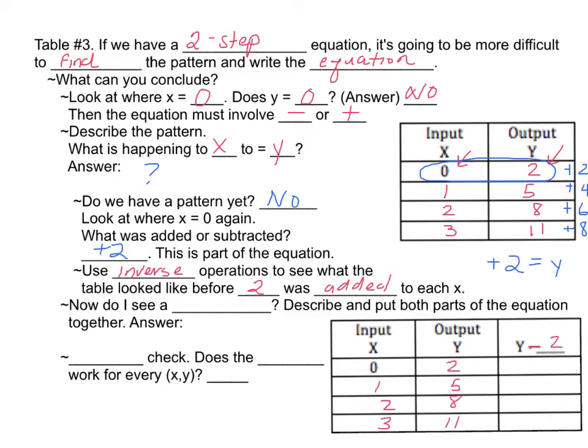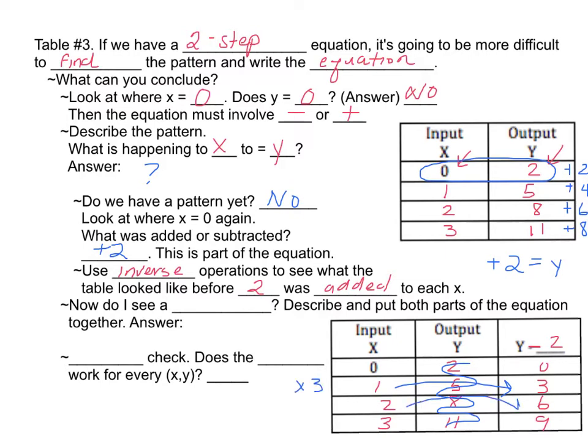So I'm going to look at the y values. 2 minus 2 gives me 0. 5 minus 2 gives me 3. 8 minus 2 is 6. And 11 minus 2 is 9. Now I can kind of ignore that middle column and just say, okay, to make 1 equal 3, that would be multiplying by 3.